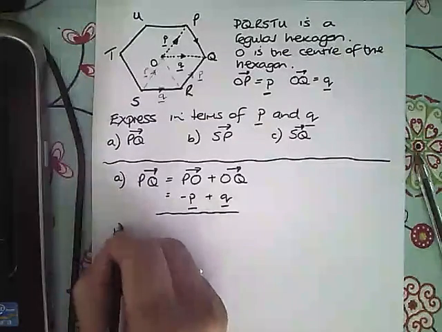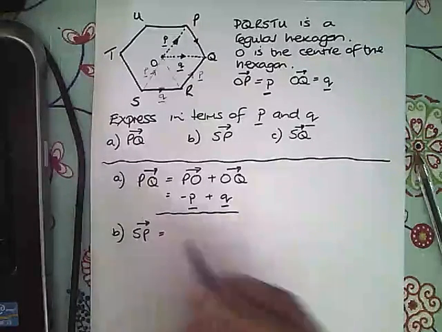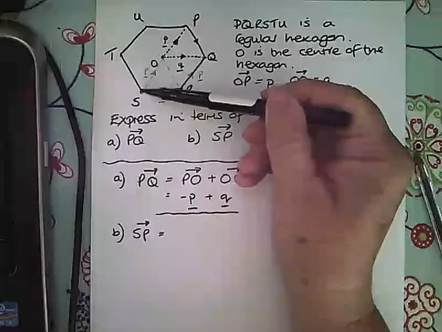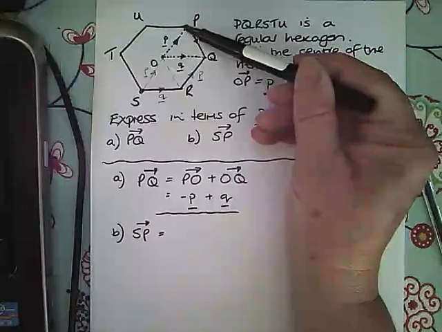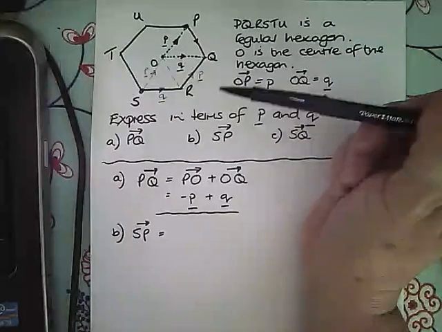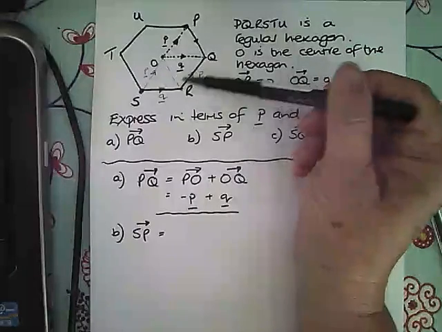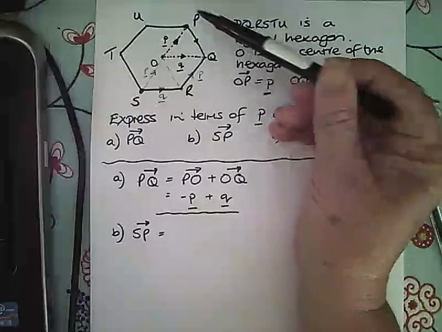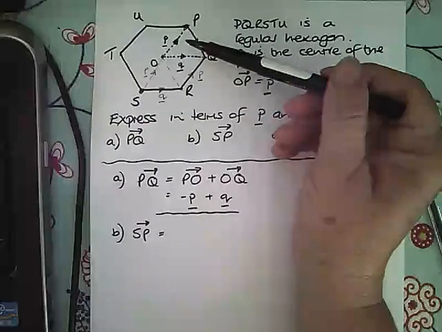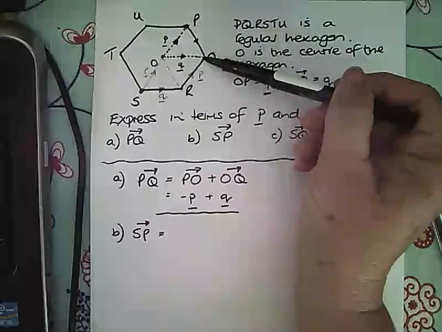On the second one, the vector SP, first of all, I have to work out how I'm going to get from S to P. So S to P is from here to here. Now, I could go all the way around here, S to R, R to Q, Q to P. Problem with doing that is that I've worked out PQ, which is going this way. I would have to minus that, so it's a bit complicated.